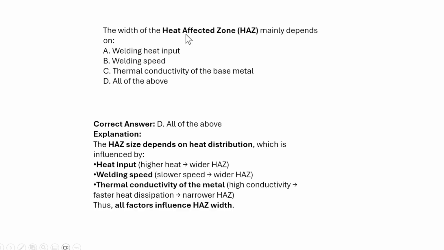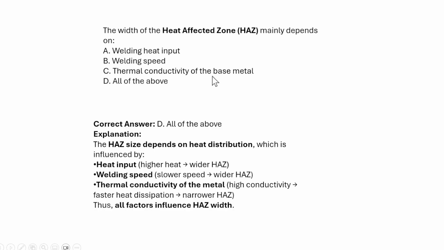The width of the HAZ mainly depends on the welding heat input, weld speed, thermal conductivity of the base metal, or all of the above. If the welding heat input increases, the heat affected zone width will increase. If the welding speed increases, the heat affected zone will be reduced; it is inversely proportional.